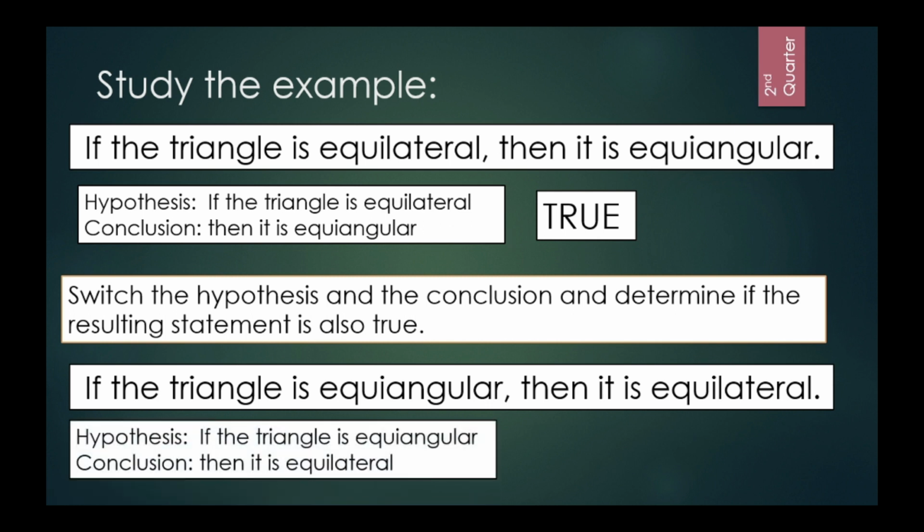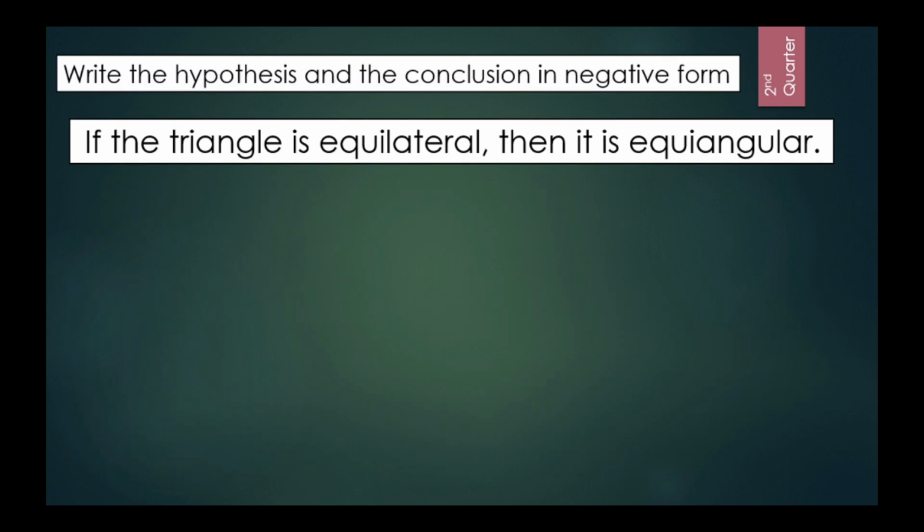The hypothesis here is "if the triangle is equiangular," and the conclusion is "then it is equilateral." The statement is also true, na kapag pare-parehas ang angle ng isang triangle, syempre, automatically, pare-parehas na rin ang kanyang sides.